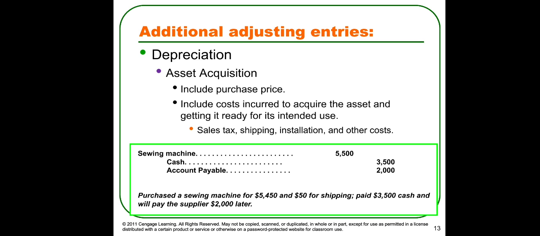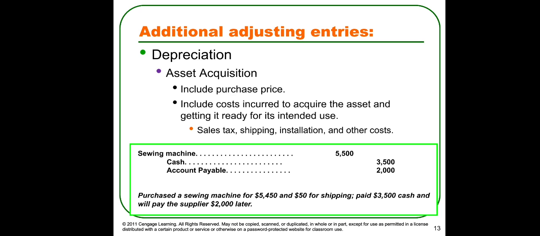So when you want to record the purchase of this sewing machine, the value of this machine has to include the purchase price, which is the 5,450, plus the cost to acquire the machine, which is the $50. So when you record in the journal entry, the record is debit sewing machine 5,500. How to get the 5,500? The purchase price 5,450 plus the shipping cost $50. So the total value in the accounting record is 5,500.